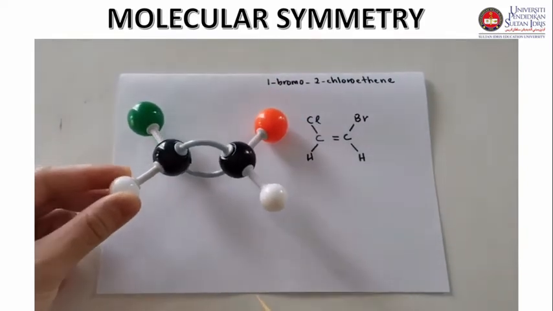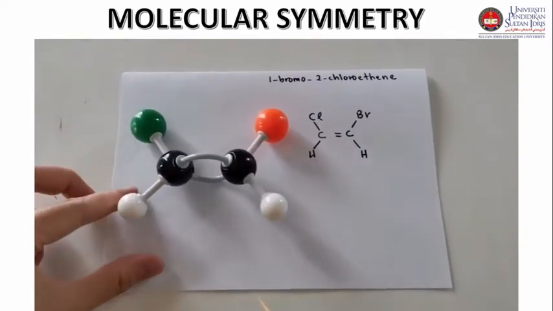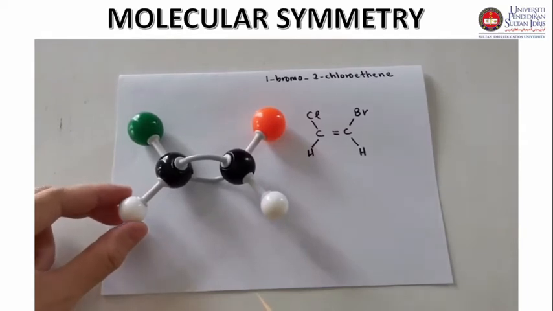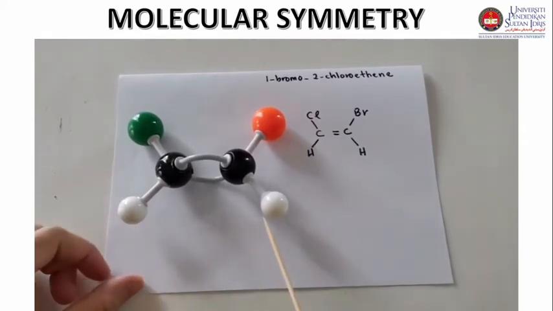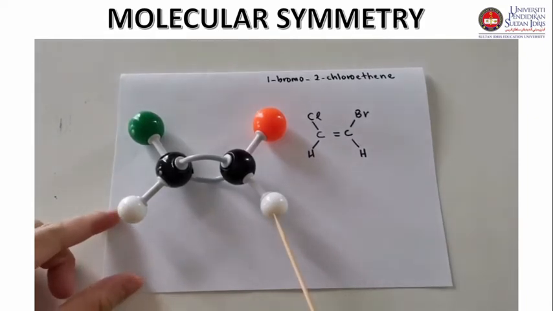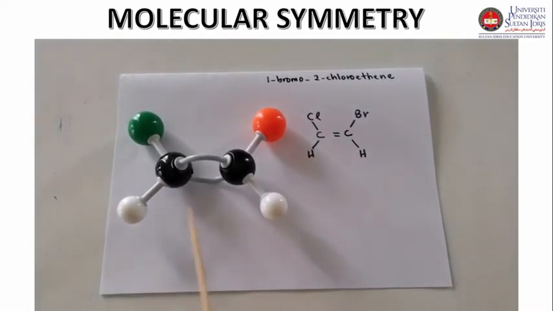So guys, now we check the number of rotation axes possible in this molecule. First of all, we check the C2 axis for this molecule. If we apply a C2 axis, theta is equal to 180 degrees. So first we check the C2 axis along this axis.